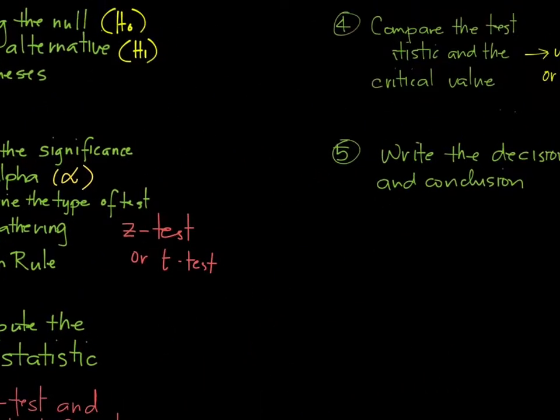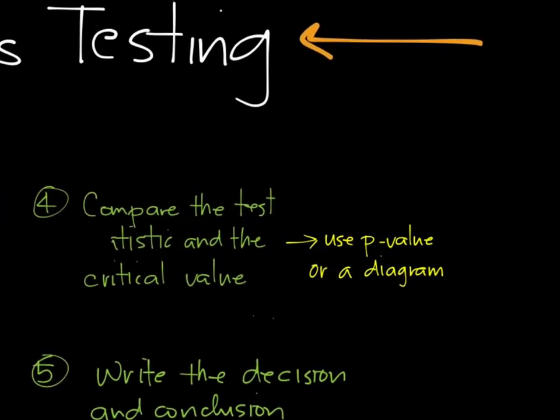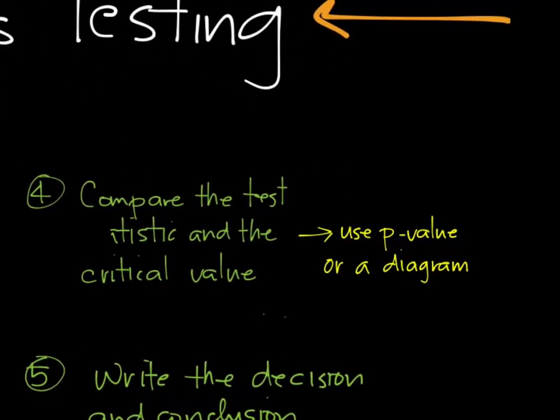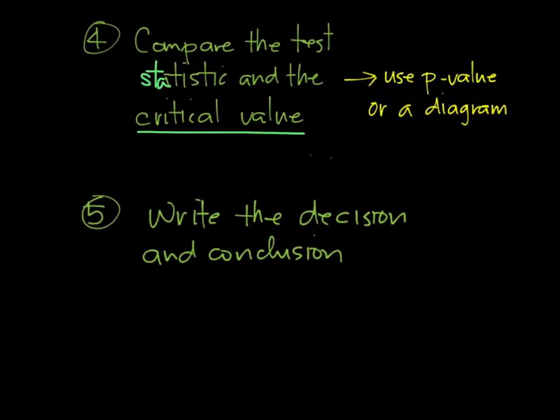After we compute the test statistic, we will be comparing the value that we obtain in step number 3 with the critical values. And finally, after doing the comparison, we'll be writing our decision and making our conclusion.